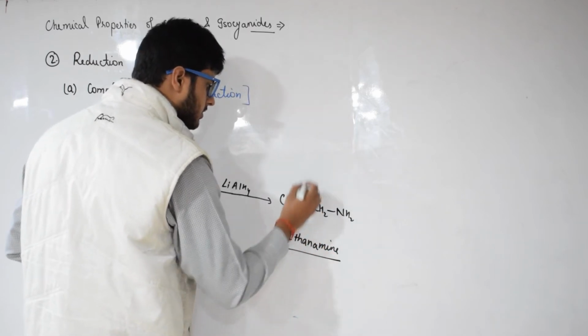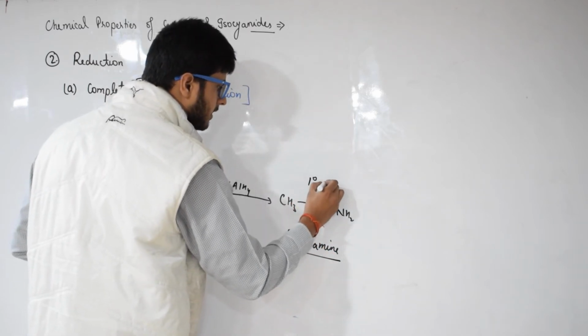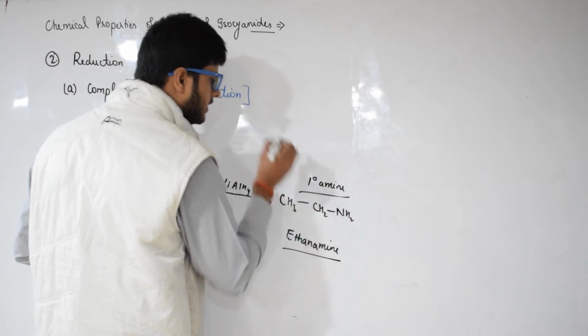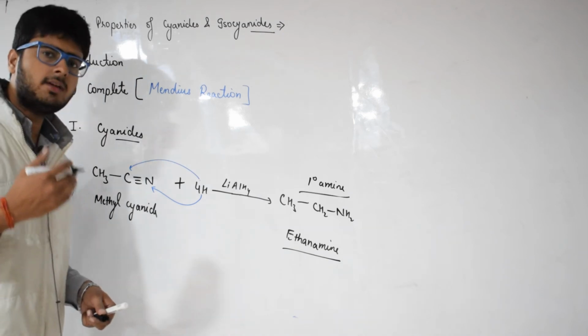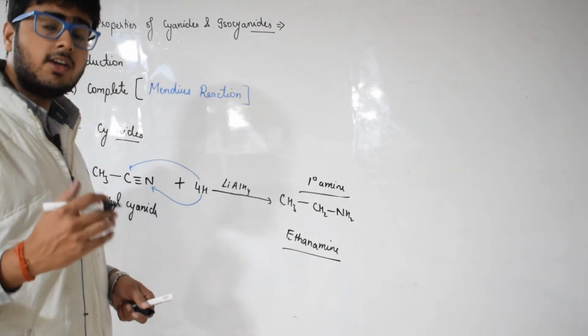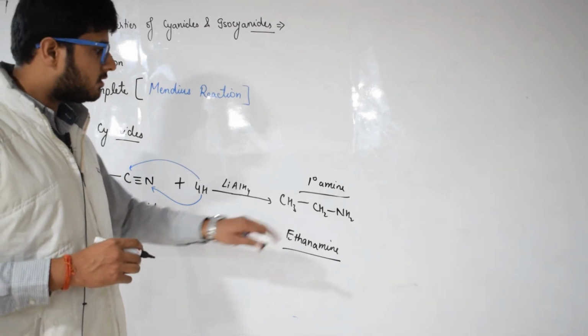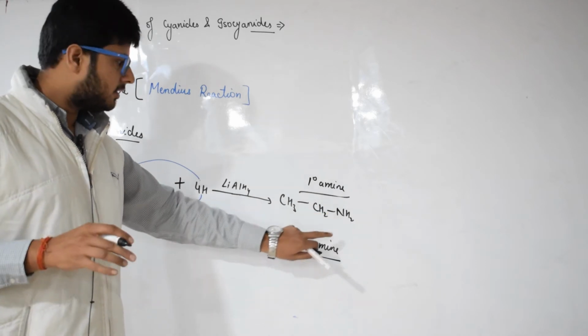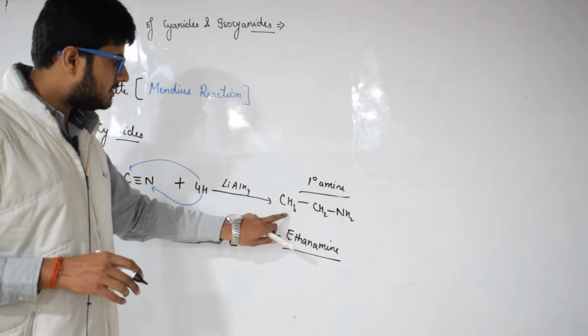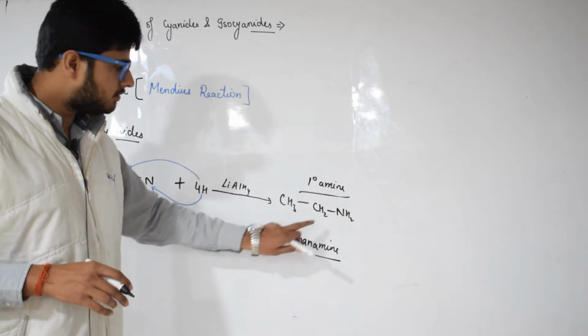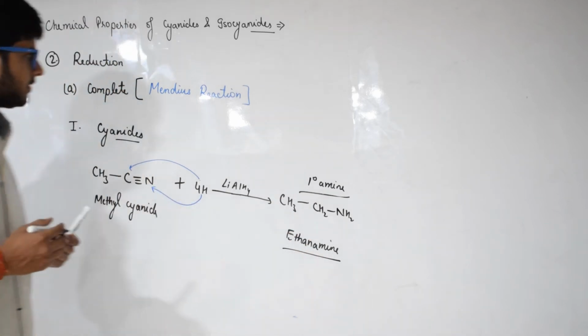And it is a primary amine. Later on we will discuss the different types of amines: primary, secondary, tertiary, and even quaternary salts. Since we have an NH2 group over here, it is a primary amine, and since the carbon chain is made up of 2 carbon atoms, it is called ethanamine.